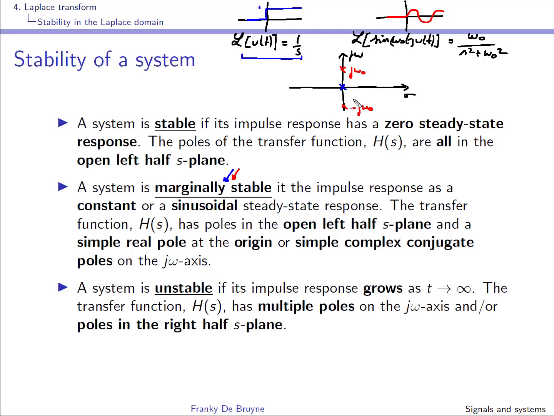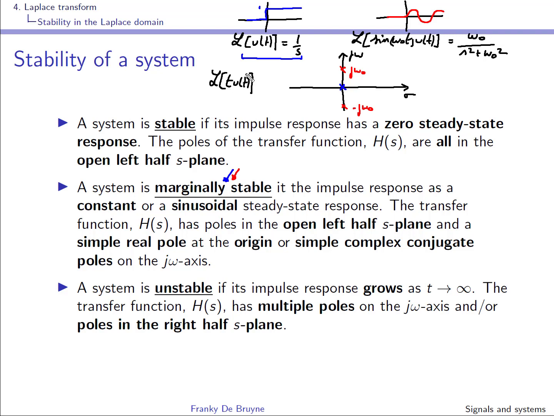So what would happen if you had two poles on the imaginary axis? An example of that is the Laplace transform of t u of t.